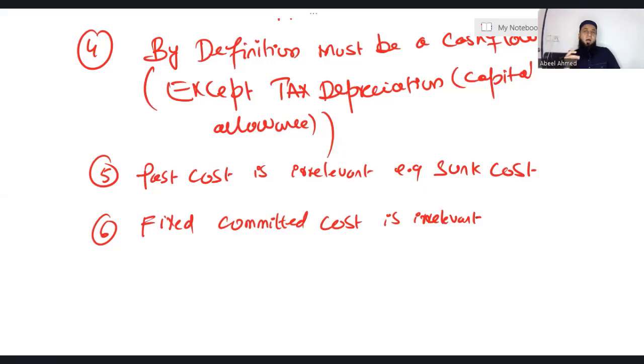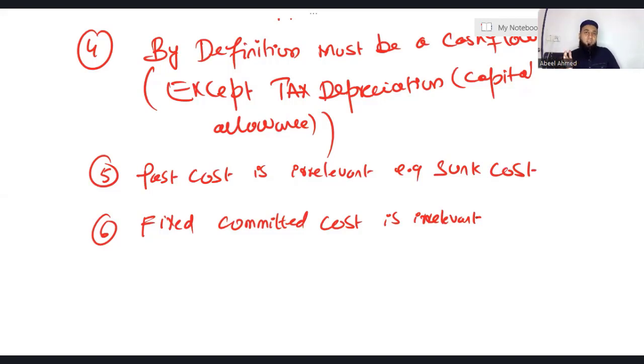If we are doing investment appraisal on that new project, the committed fixed cost is irrelevant, because you have not taken the premises on rent for the new project. Since you have to incur that fixed committed cost either way, that is why that rental payment is irrelevant.